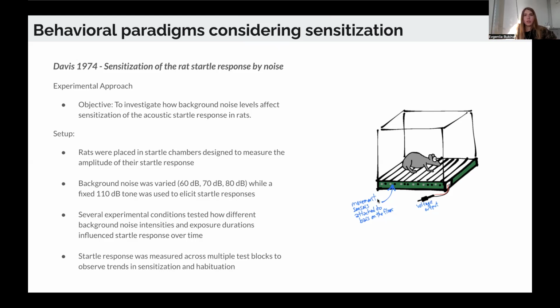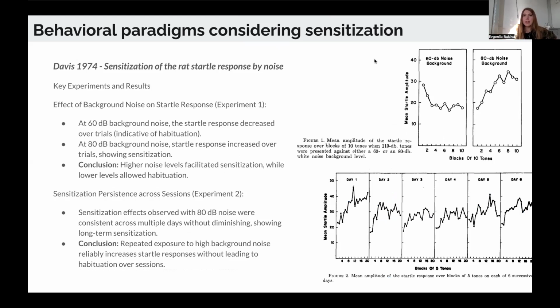What they showed, like in figure 1 here, is that 60 decibel noise was not stressful for animals, and you can see that in this case, habituation takes place. Here on the x-axis, it's blocks of 10 tones, and on the y-axis, it's the mean startle amplitude.